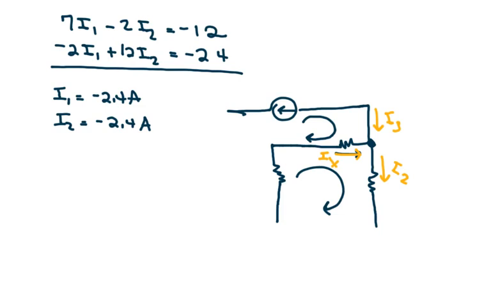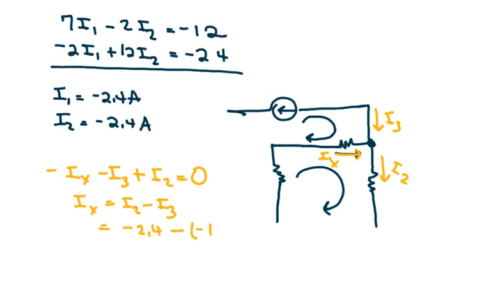So the KCL at that node is minus Ix minus I3 plus I2 equals 0. So Ix is going to be I2 minus I3, which means negative 2.4 minus a negative 4 amps. Our answer there is 1.6 amps. So that is Ix when we have the contribution only from that 4 amp source.